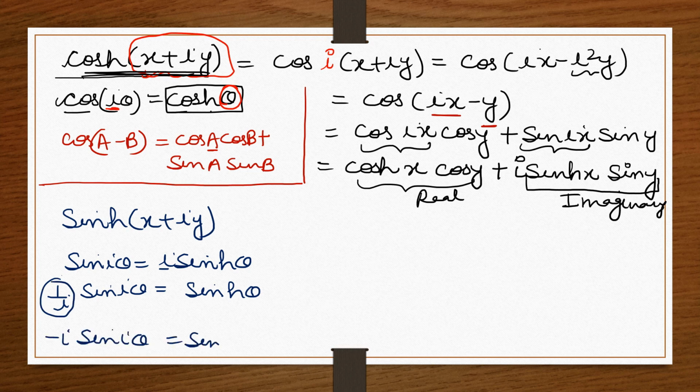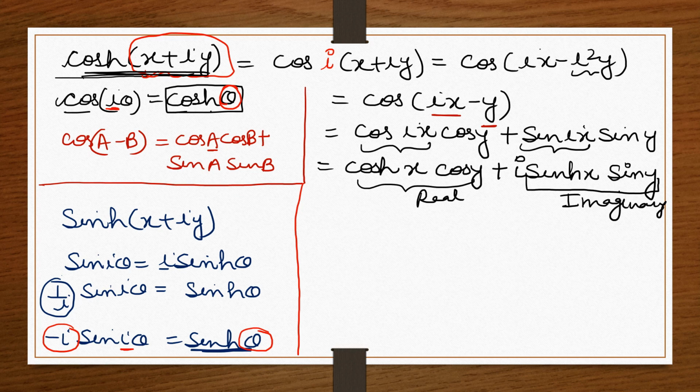If you want to convert a hyperbolic function to a simple circular function, whatever you have inside, multiply it with iota, and multiply the sine function with minus iota. This is what we will do for the sine function.